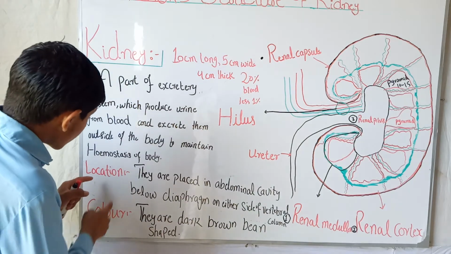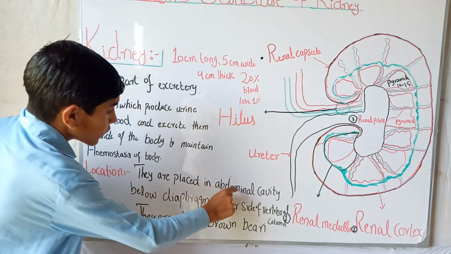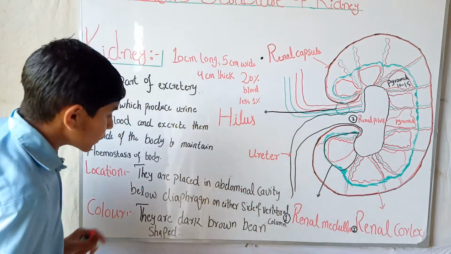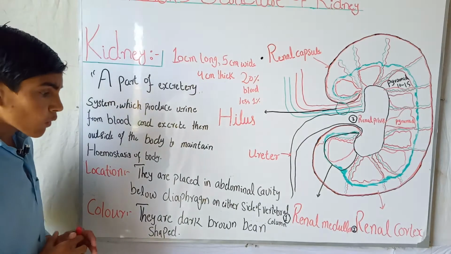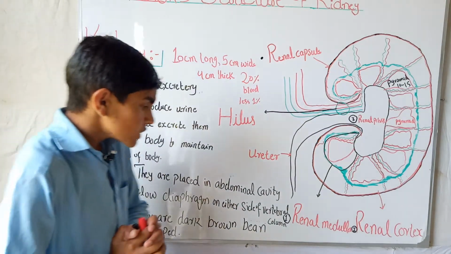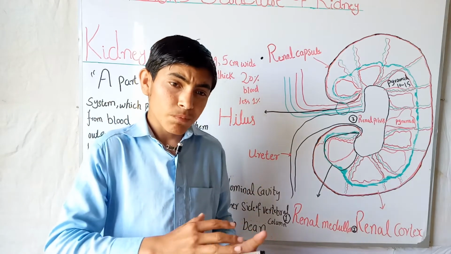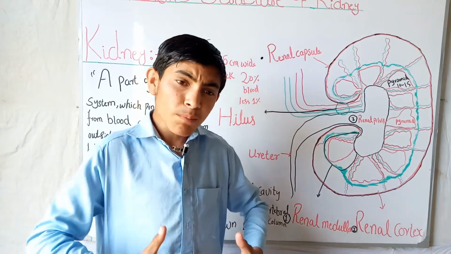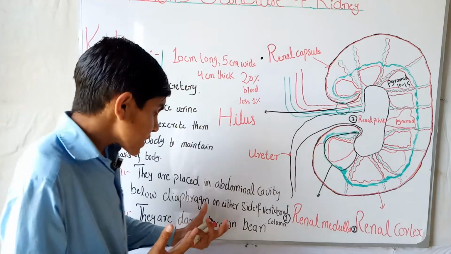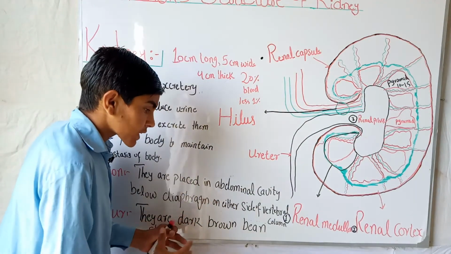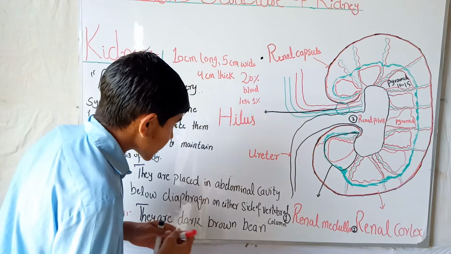Okay. Location: they are placed in the abdominal cavity below the diaphragm, on either side of the vertebral column. Students, it is just below the diaphragm and lungs, and present on either side of the vertebral column. Like I make a diagram here.